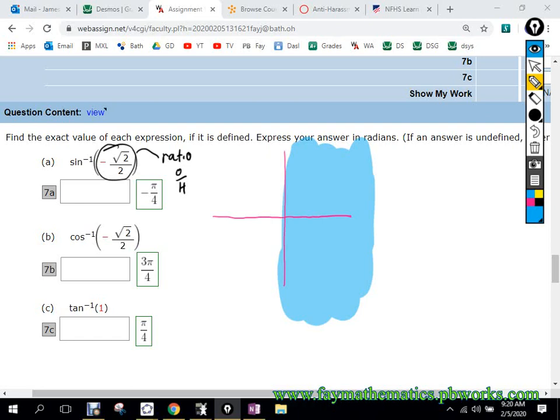So what quadrant would I need to be in so that my opposite side is negative? What quadrant do I have to be in so that my opposite side is negative? Fourth quadrant. Okay? So, fourth quadrant here, and this here is going to be my theta.